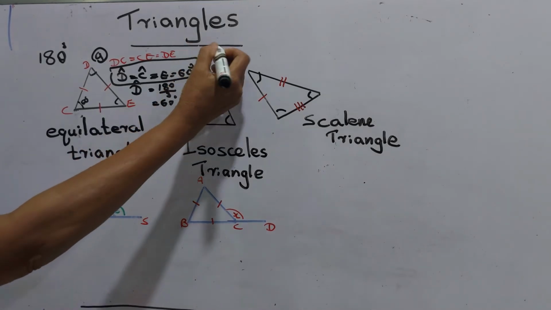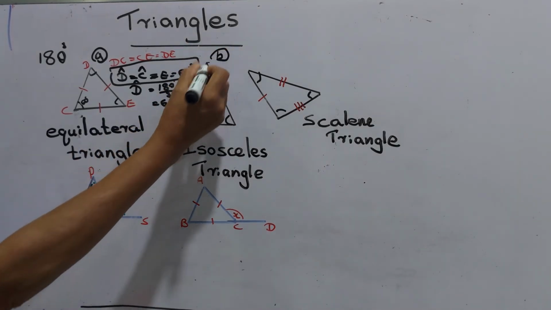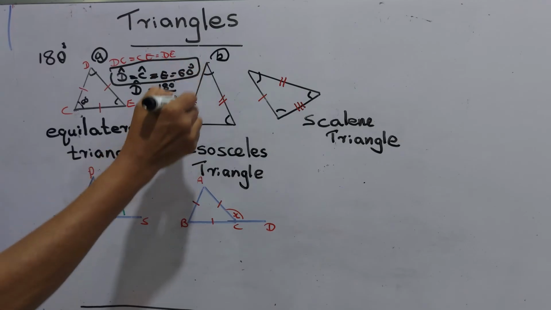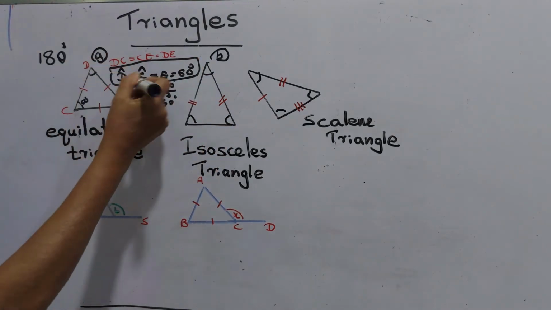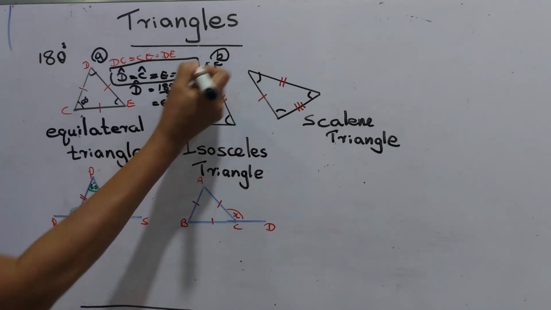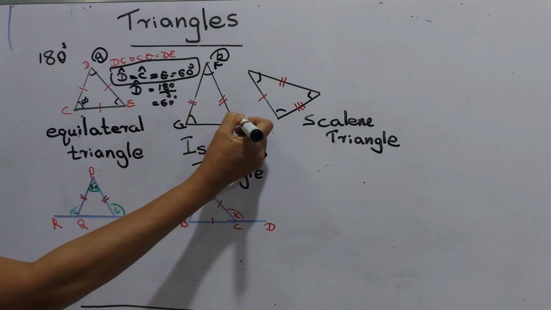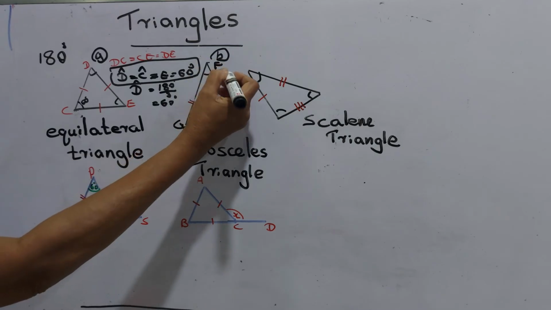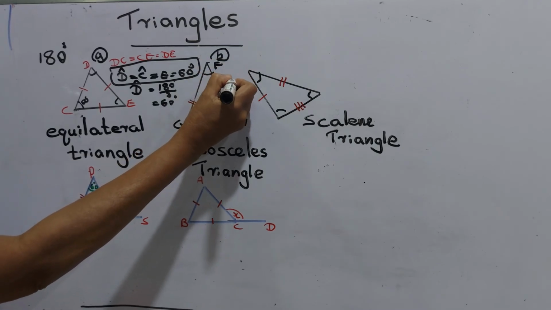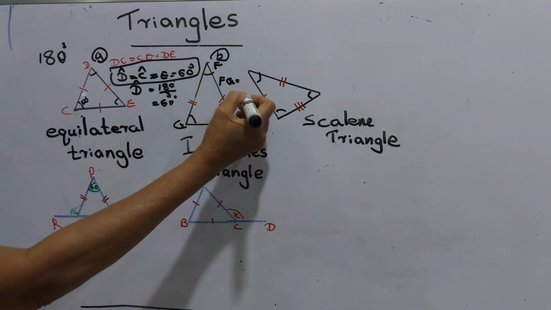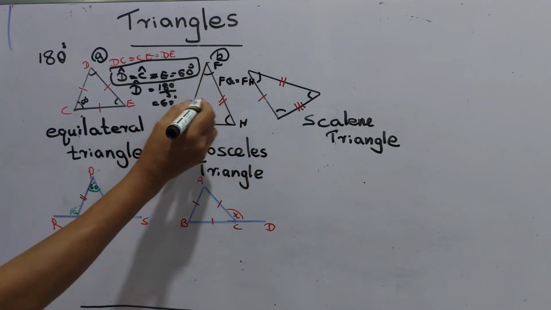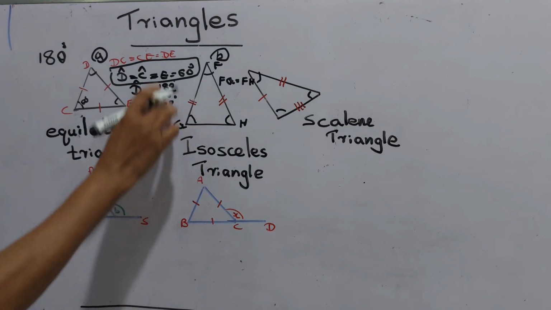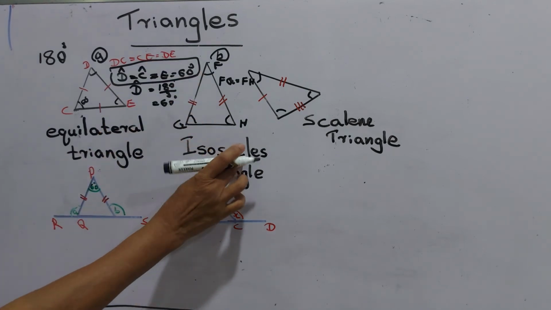Next we come to the second triangle. In this triangle, only two sides are equal. We'll name this FGH. In this triangle, FG equals FH. These two sides are equal, so we call this an isosceles triangle.